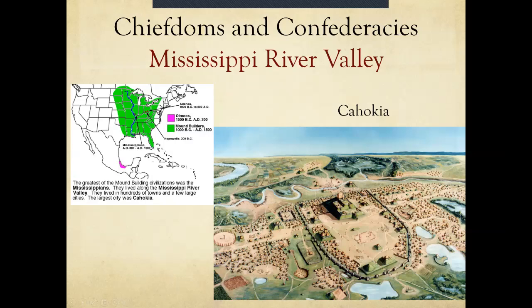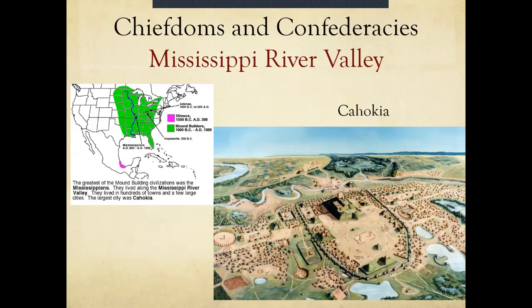The paramount chief would live here on the top of this largest mound, and then you're going to have kind of a marketplace that goes around here, and then people, whether they've got crafts or whether they've got food that they've grown, would bring it into Cahokia, and it's almost like this market exchange that's taking place with these mound builders.